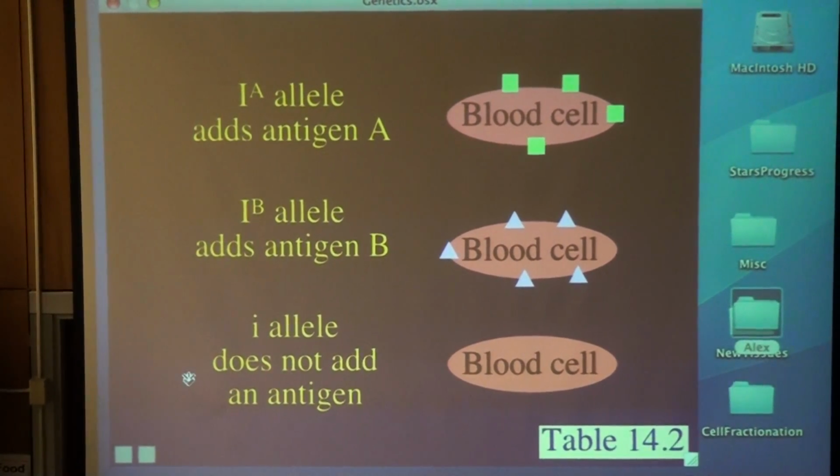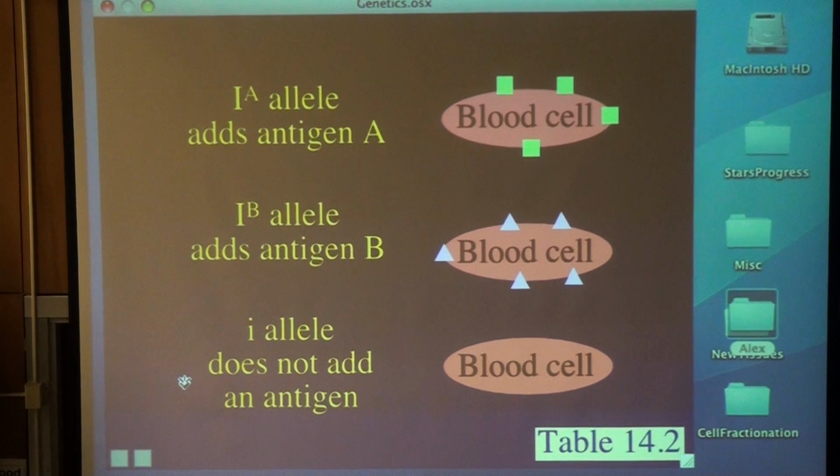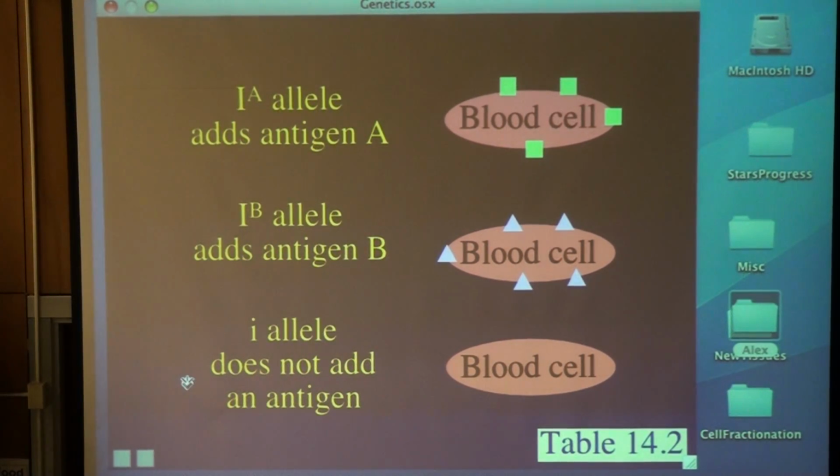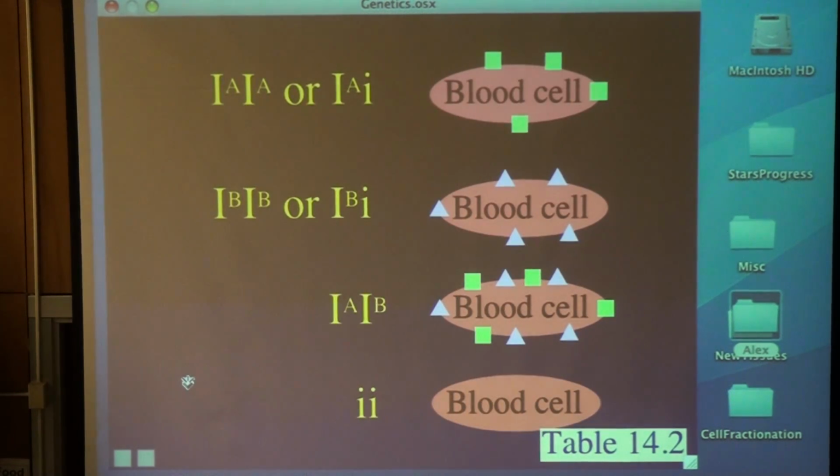Okay, so if there's these two dominant alleles, the capital IA and capital IB, you can make a chart of the possible genotypes and phenotypes that can be out there. If a person has genotype capital IA, or capital IA little i, then they have a functional copy of that enzyme that makes the A antigen, so they're going to have the A antigen on their blood cells.